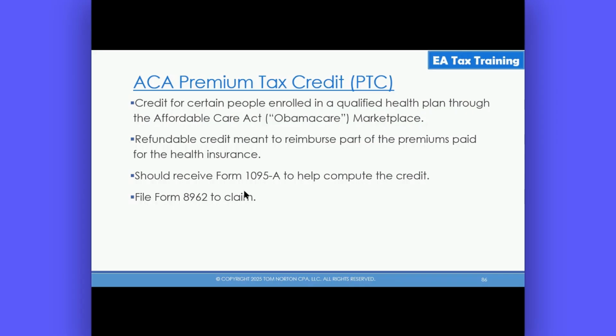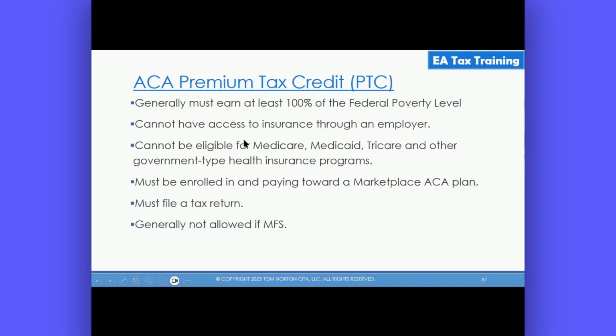8962. In order to qualify for this credit, you generally must earn at least 100% of the federal poverty level. Why is that rule there? Well, if you earn less than 100% of the federal poverty level, you should be qualified for Medicaid. So if you can get Medicaid, then you need to get Medicaid.